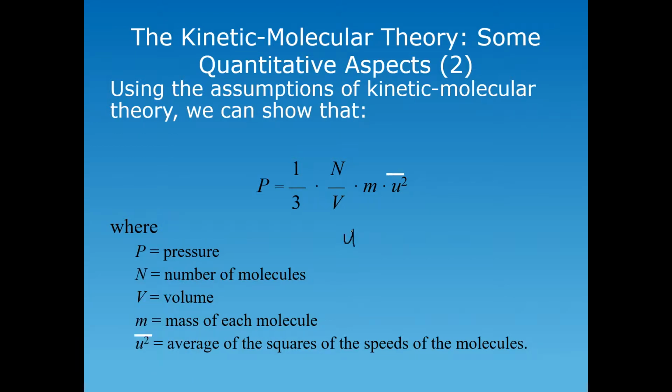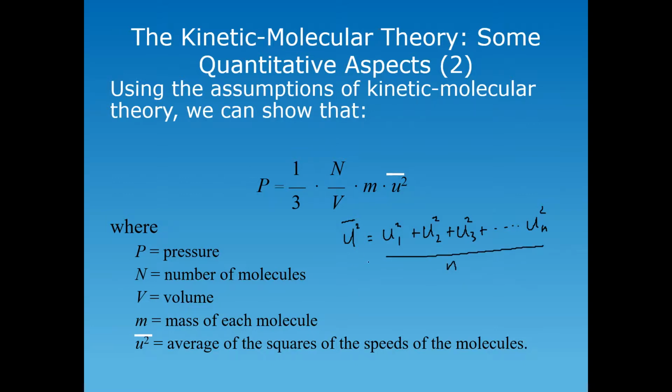So what that means basically is that, I'm going to make a note here, the average of the squares of the speeds of the molecules will be equal to the square of the speed of gas molecule 1 plus the square of the speed of gas molecule 2 plus the square of the speed of gas molecule 3 plus all the way to the nth molecule, the square of the speed of gas molecule n, and then we divide all of that by the total number of molecules, which is n.